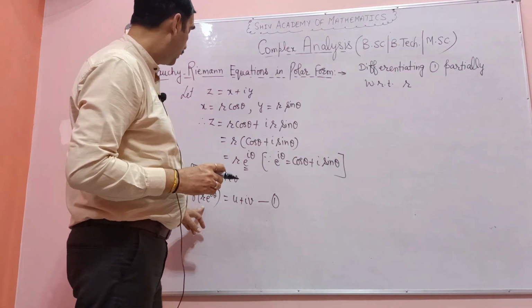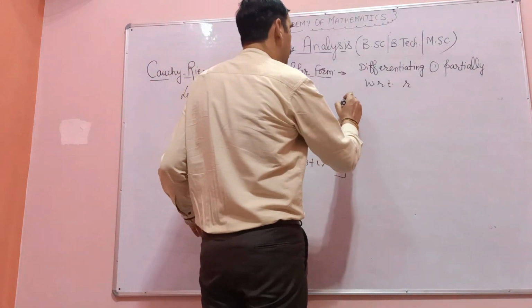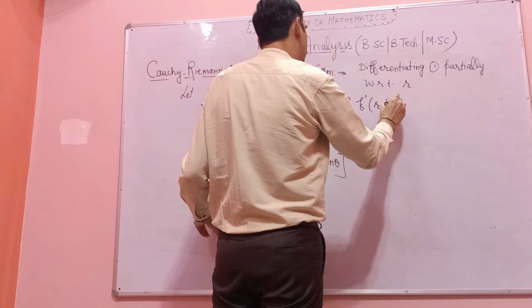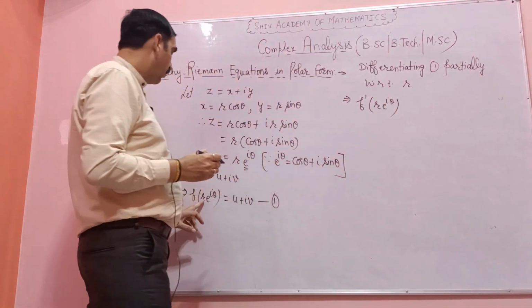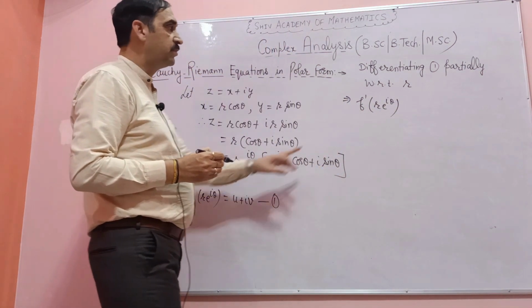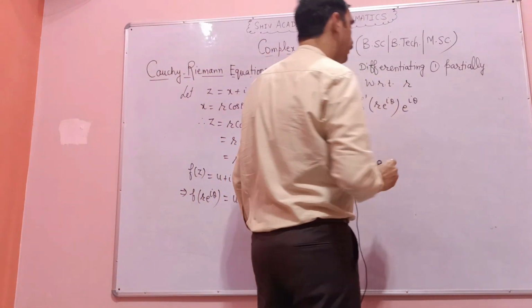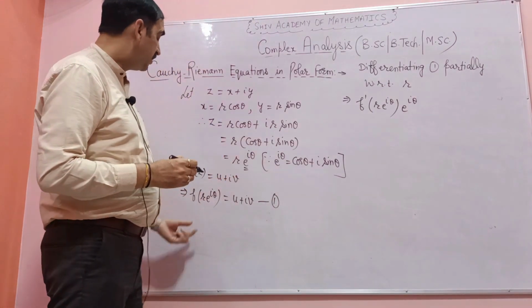So when you look at this, it is f dash of r e to the power iota theta, and the derivative of r e to the power iota theta with respect to r will be e to the power iota theta. This is the left side.